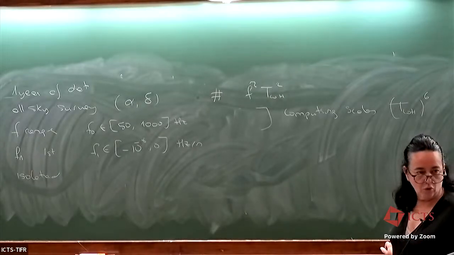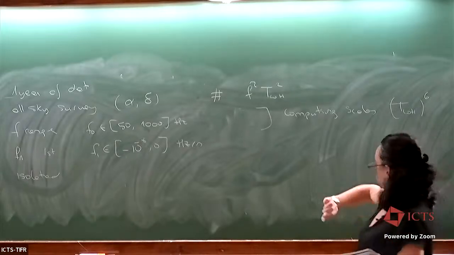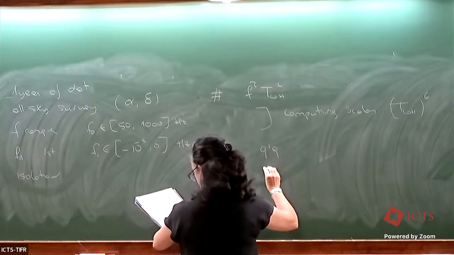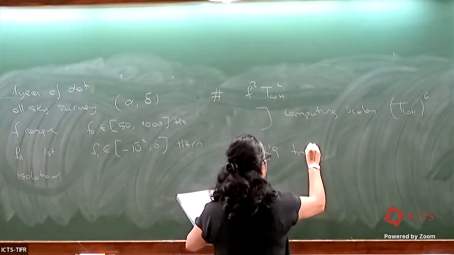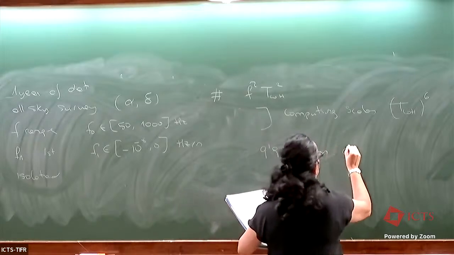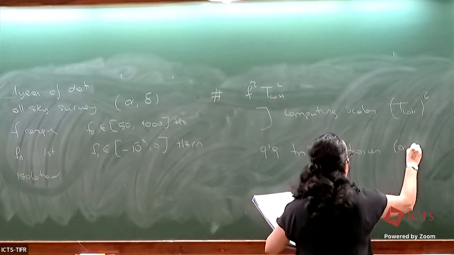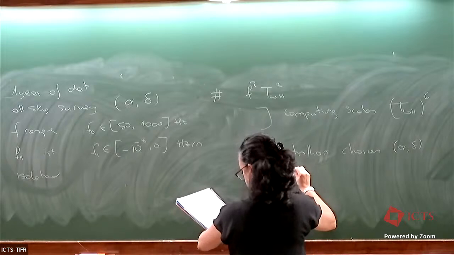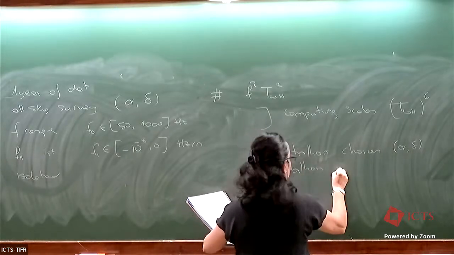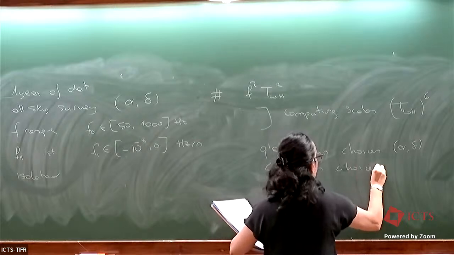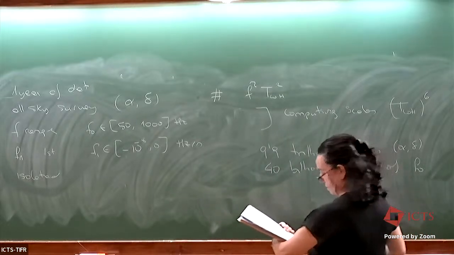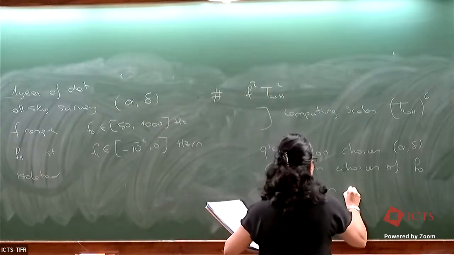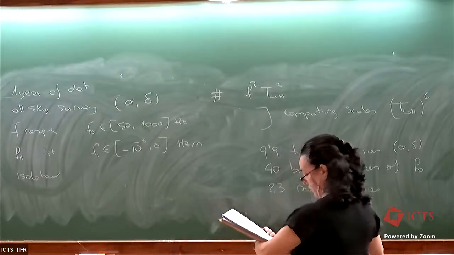So that means if I want to do coherent integrations, that would imply that I will have 9.9 trillion choices for sky position, 40 billion choices of F0, 2.3 million choices of F1.